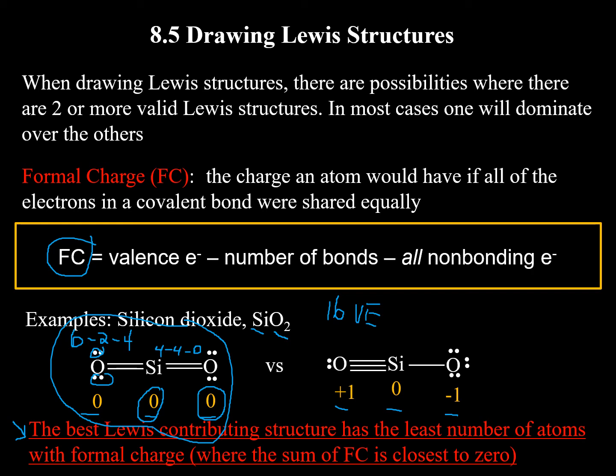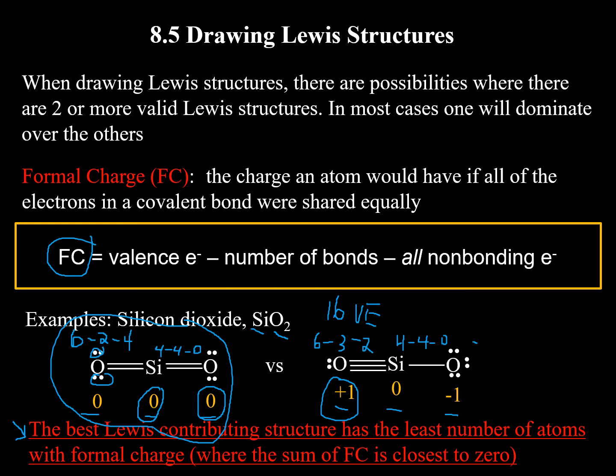Let's look at the compound on the right, which is a valid Lewis structure. If we look at the oxygen on the left, it's 6 minus 3 bonds, minus 2. 6 minus 3 minus 2 is +1. We look at the silicon in the middle, it's 4 minus 4 bonds, minus 0 electrons, so it's 0.